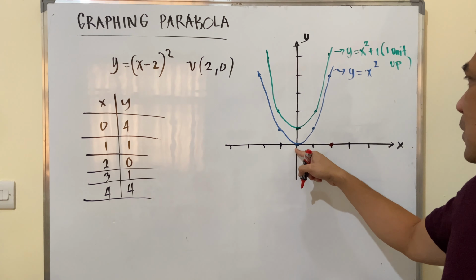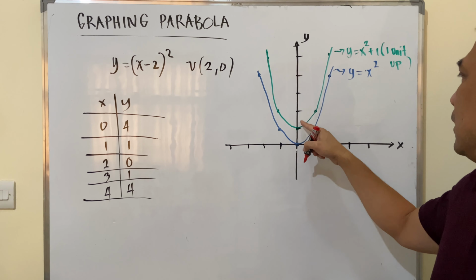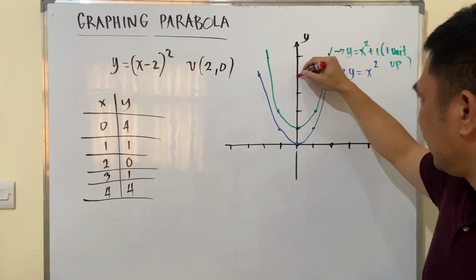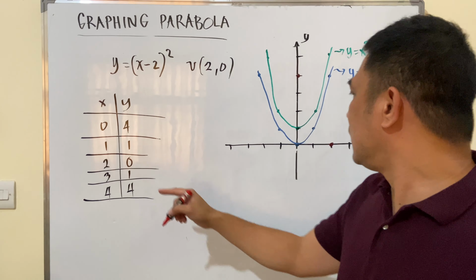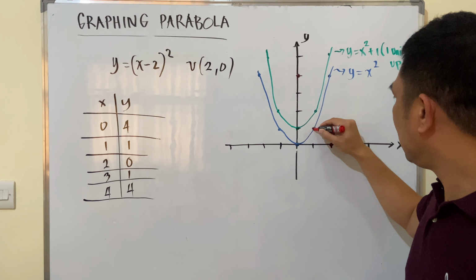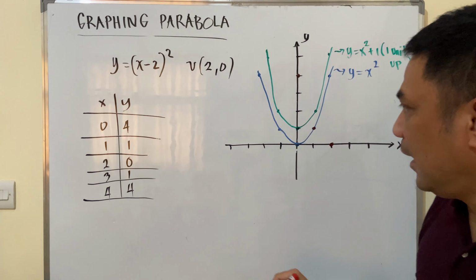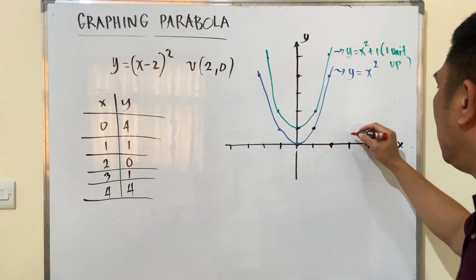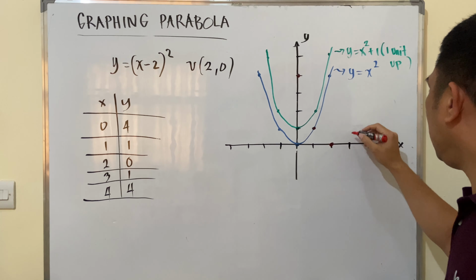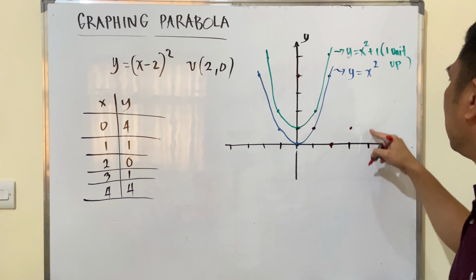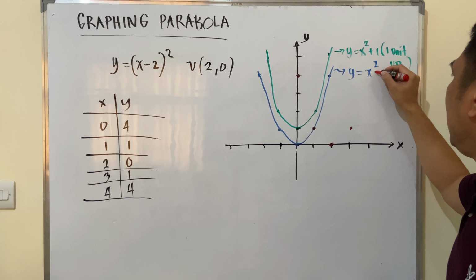At x equals 1, y is equal to 1, so this point also. At x equals 2, y is equal to 0. At x equals 3, y is equal to 1. At x equals 4, y is equal to 4. So that means somewhere here.